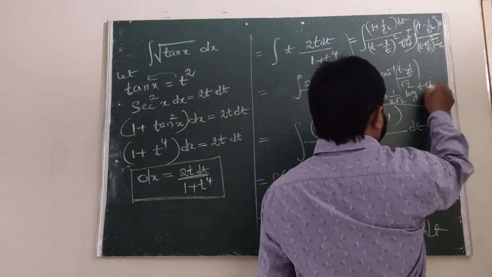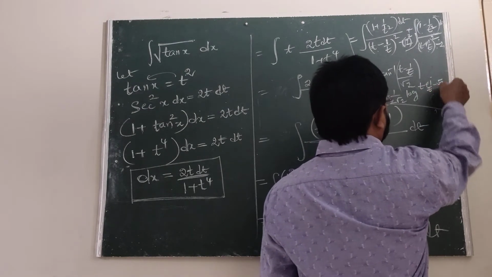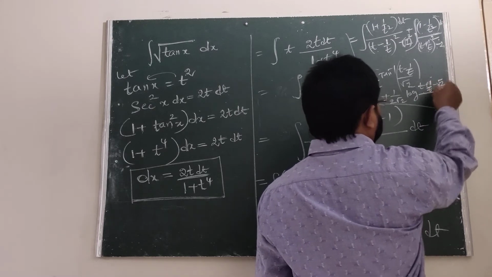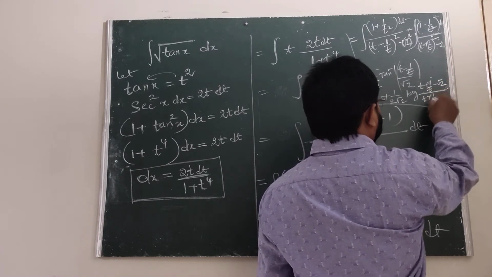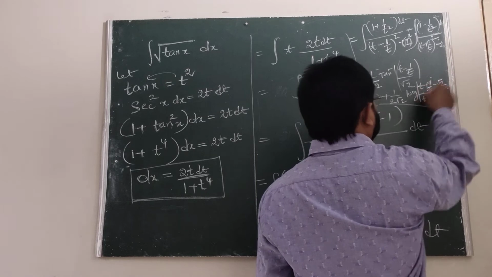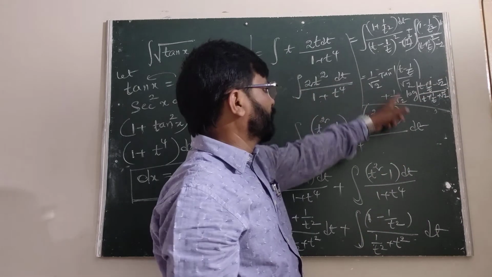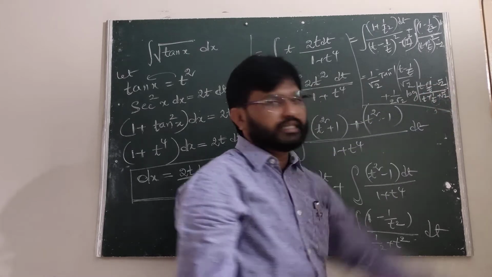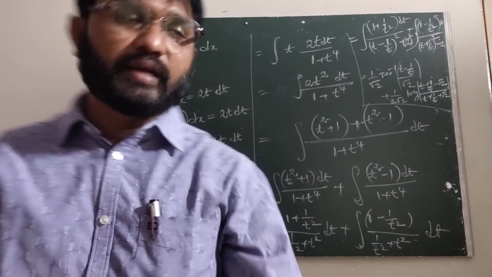That is t plus 1 by t minus root 2 over t plus 1 by t plus root 2. This is the form. Therefore 1 by 2a log mod of x minus a upon x plus a.